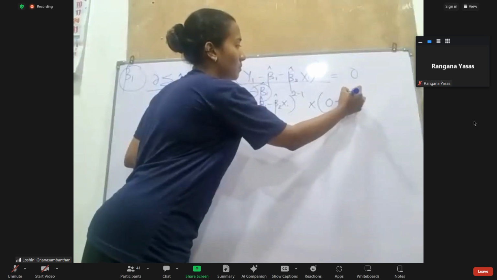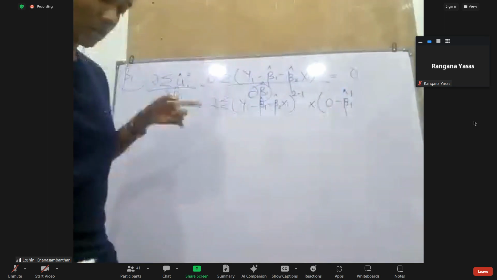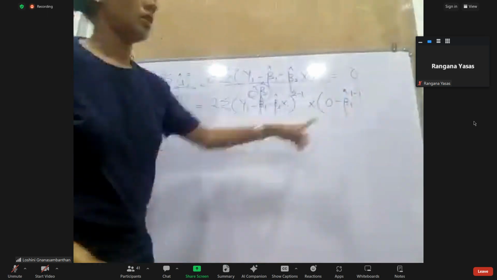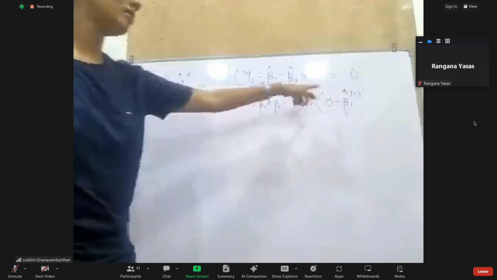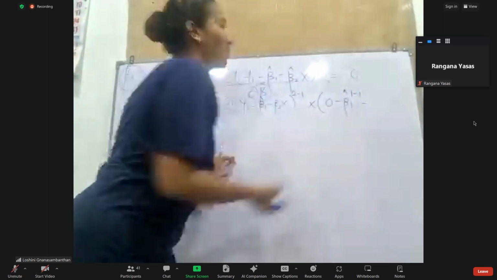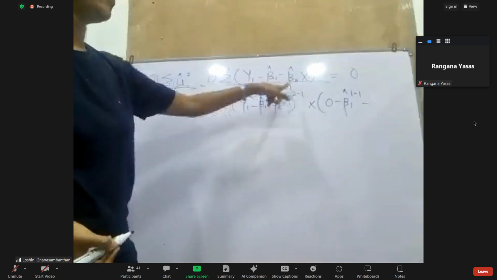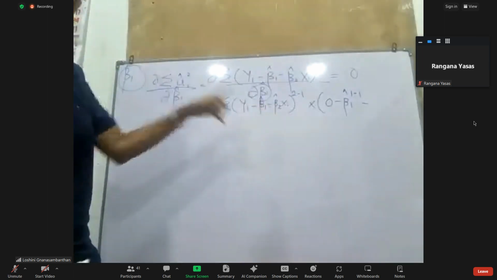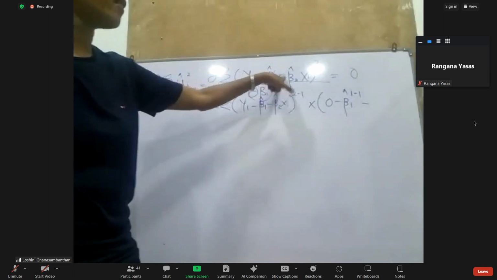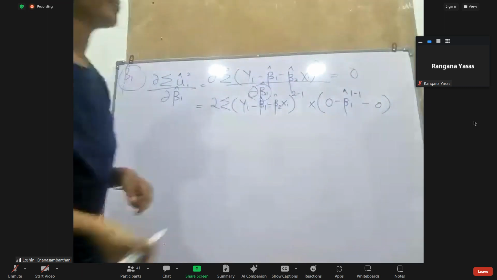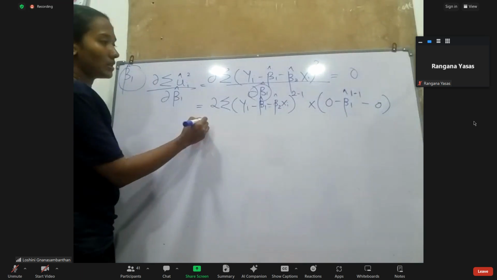Beta 1 only has power 1, so you have to deduct 1 from it. Then this whole thing, can you find any beta 1 in this? No, right? So this also we should treat as a constant. Why? Because we can't find any beta 1 in this. That's why it's a constant. Okay. So how will this come?